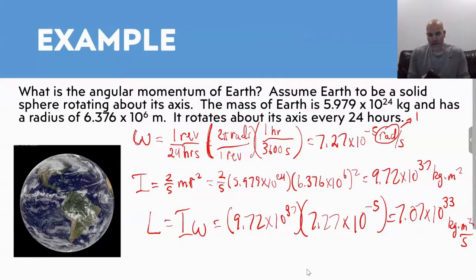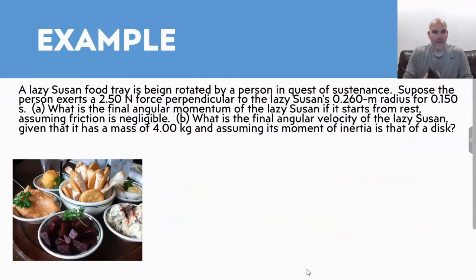All right. Now let's look at the lazy Susan question. We have this lazy Susan spinning around. We're going to exert a torque on it. We're going to find the final angular momentum, if it starts from rest, the final angular velocity of it, and then assuming that the inertia is that of a disk.